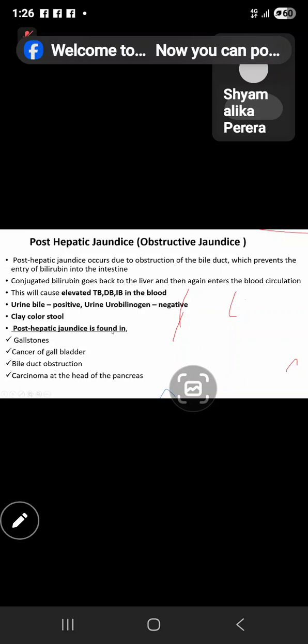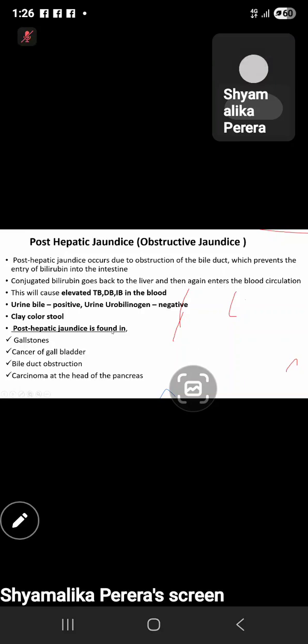Here in post-hepatic jaundice, if something blocks this transportation system, like the common bile duct, due to gallstones, or sometimes because of cancers, there's an issue of free flowing bile from the gallbladder.